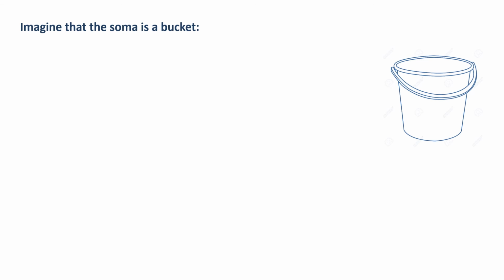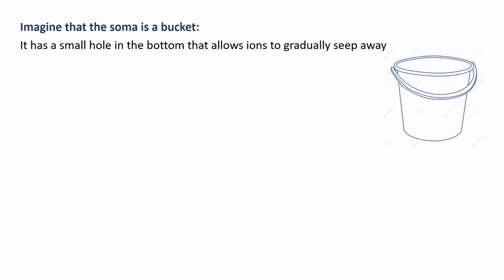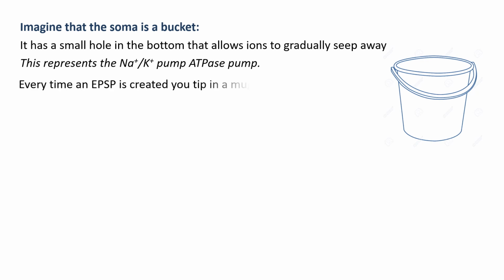So think about it. This is quite a good analogy as a bucket. This bucket has a small hole in the bottom that allows ions to gradually seep away. This small hole represents the sodium-potassium ATPase pump that's trying to restore RMP. Every time an EPSP is created, you tip in a mug full of pluses, a mug full of sodium.